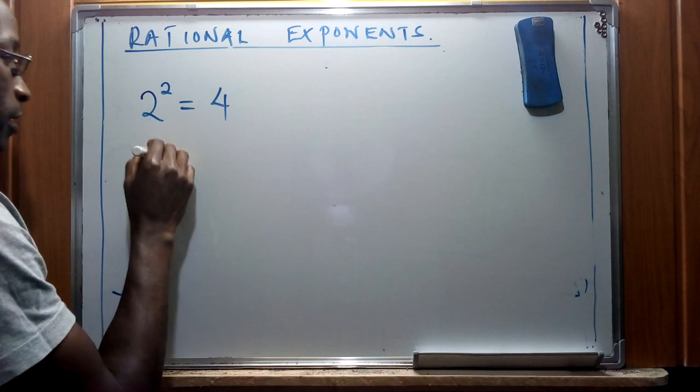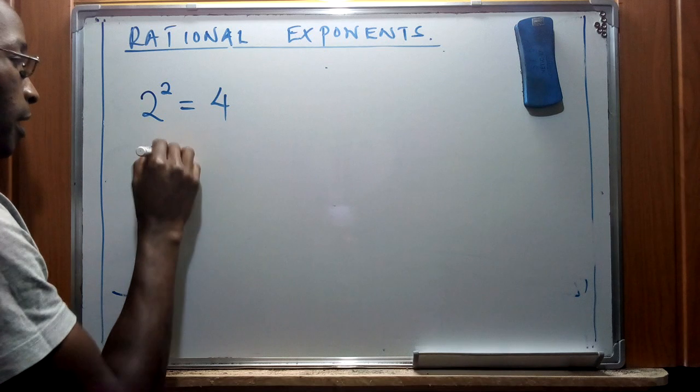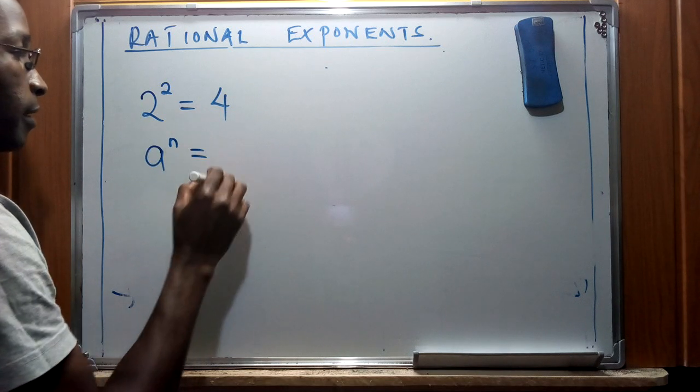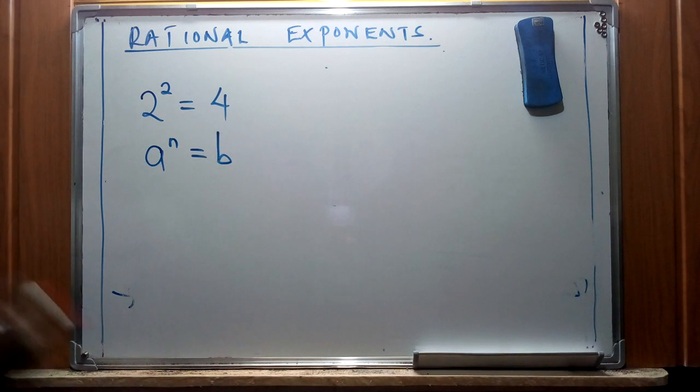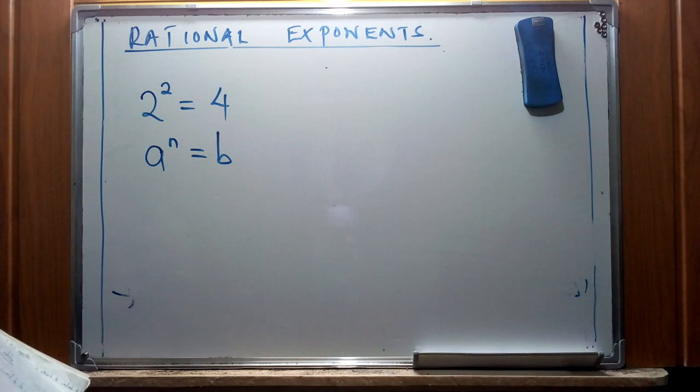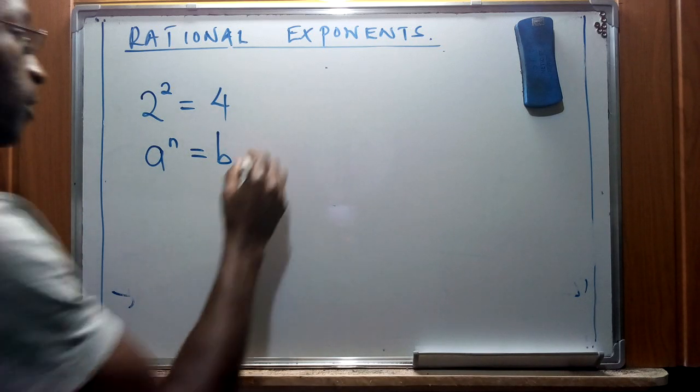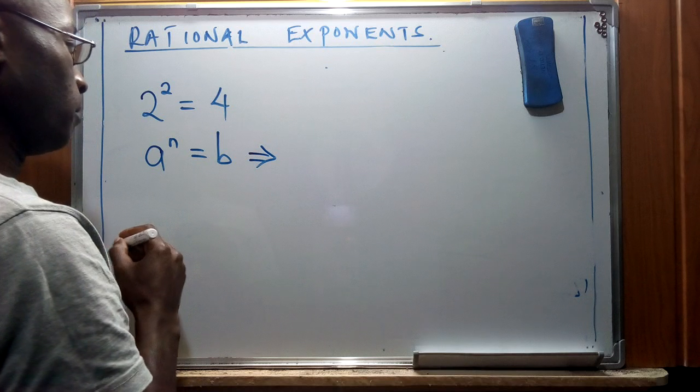Now suppose we have a general expression for a number a raised to power n, which gives us b. From these two expressions we can have a representation for these two specific numbers.